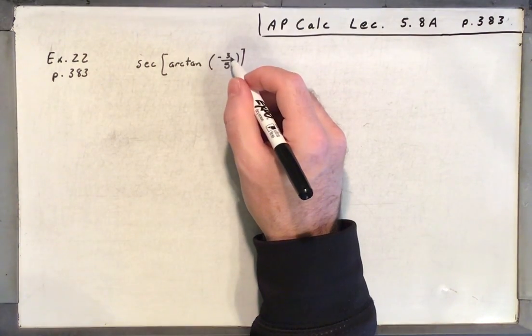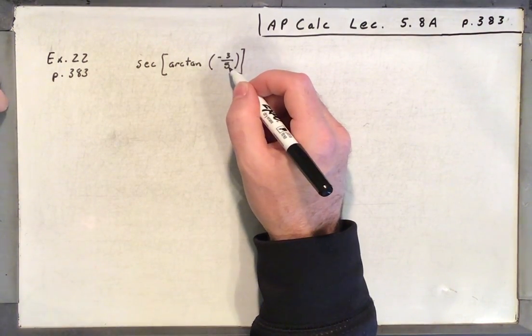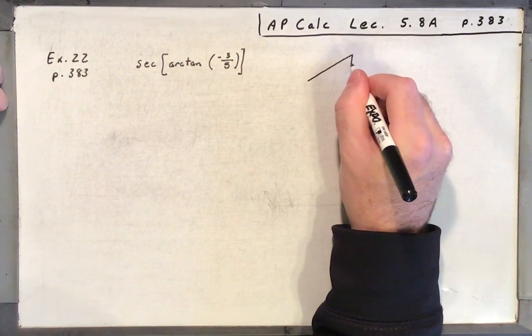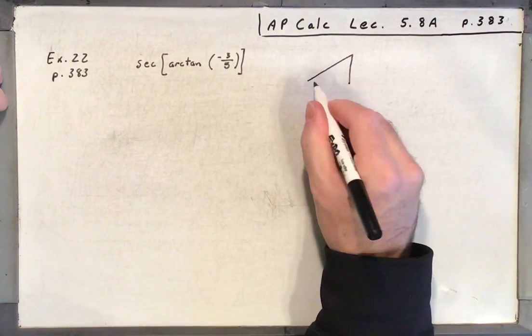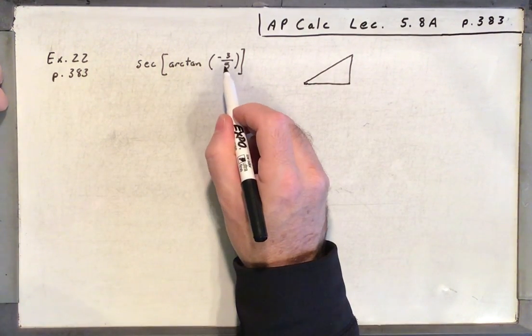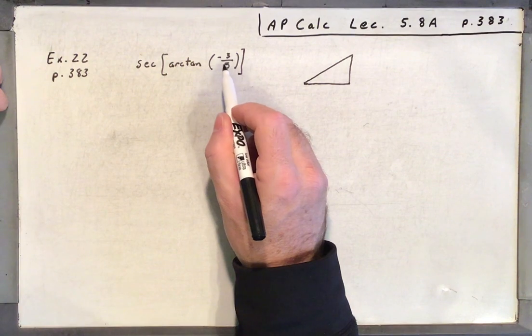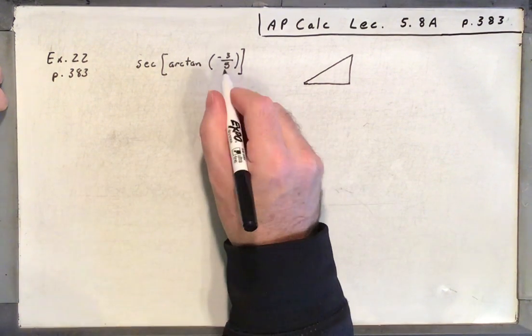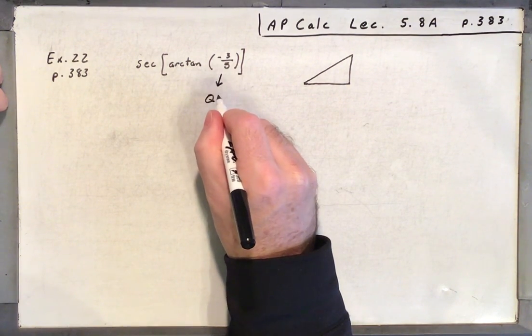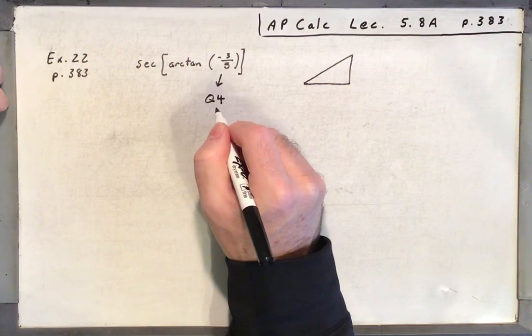Now that's not on the unit circle anywhere. So let's draw a triangle. Now I'm not going to put the negatives in. We're going to use that to figure out the quadrant. So if it's negative, the only quadrants that we can report for tangent are quadrant 1 and quadrant 4. Well, tangent's negative in quadrant 4, so our answer has to be in quadrant 4.